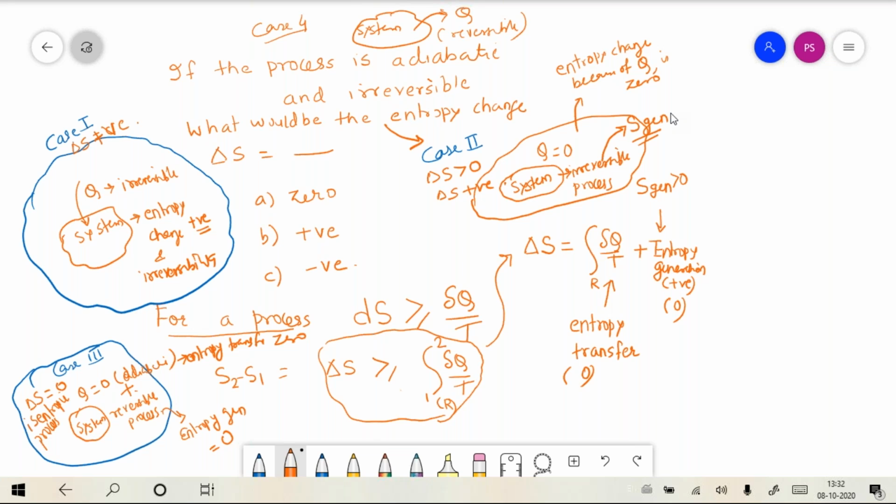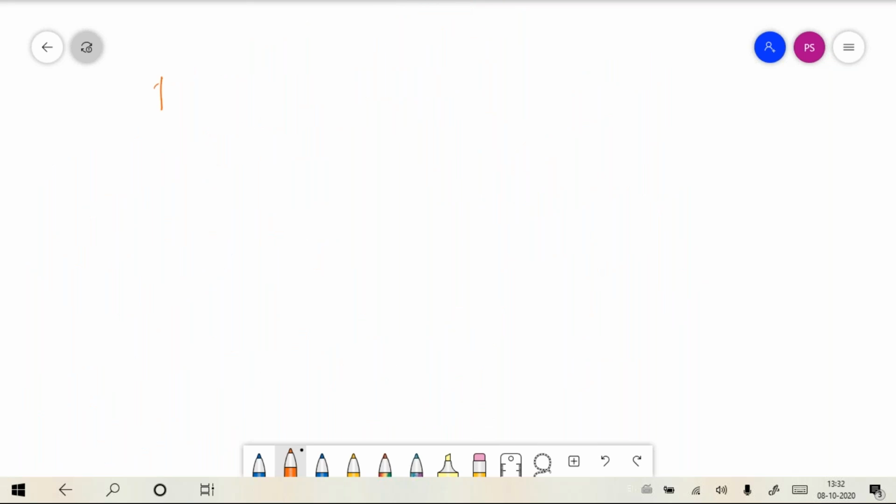I'll just, in short, write this down again, and then we will move to the next topic. If the process is reversible and adiabatic, then the entropy change is 0, and it is a constant entropy process.